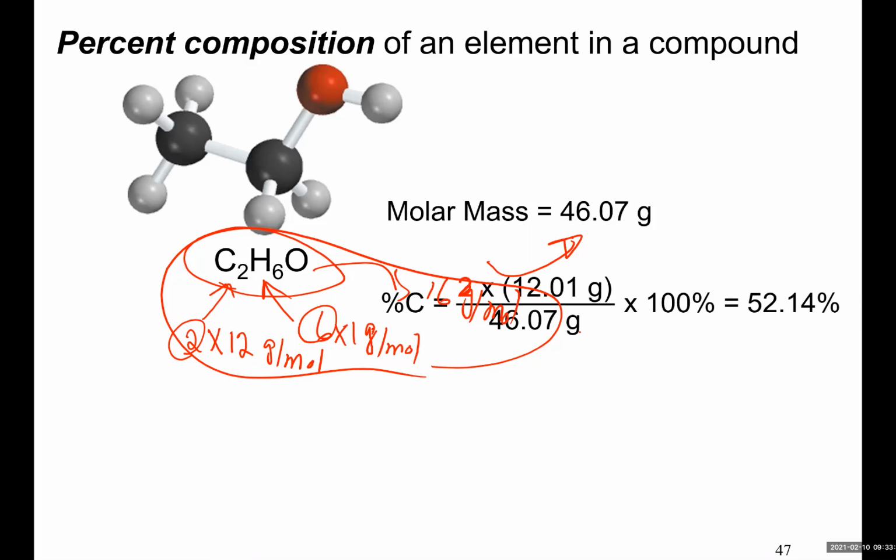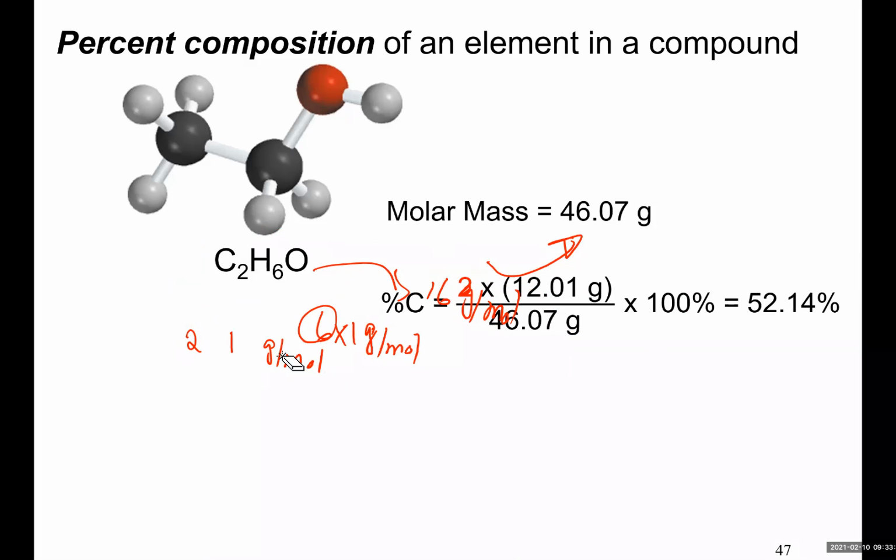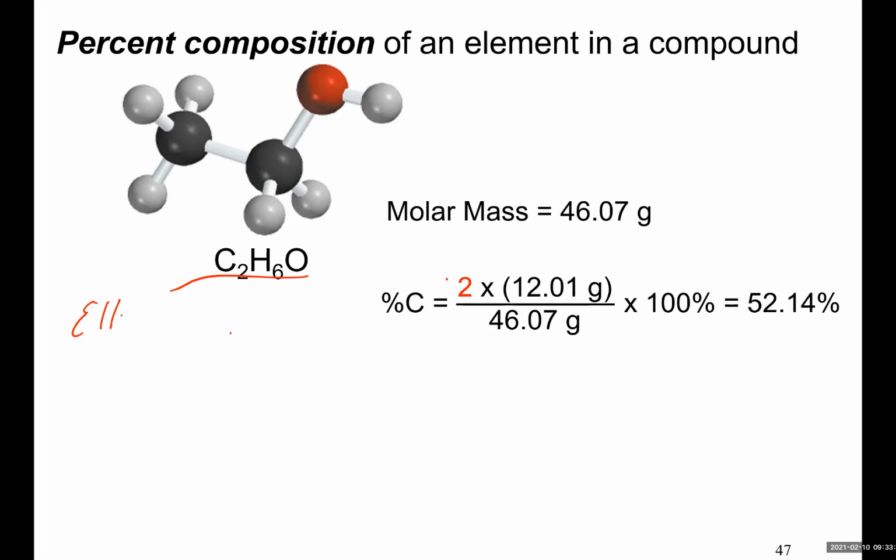So if I ask you to determine the percentage of carbon in 1 mole of C2H6O, which is called ethanol, ethyl alcohol, you say, okay, in 1 mole of C2H6O, I have got 2 moles of carbon, and every mole of carbon is 12.01 grams. This comes from the periodic table, the number underneath the carbon.